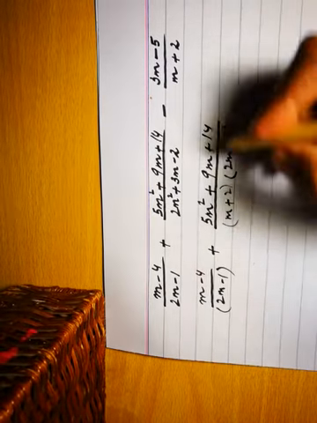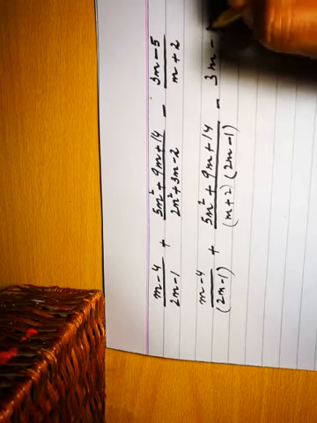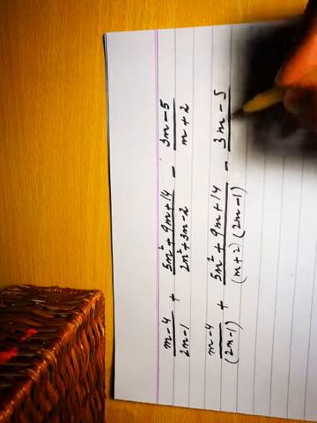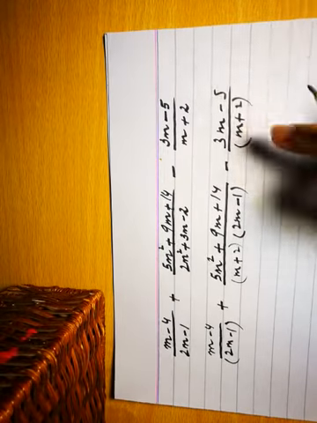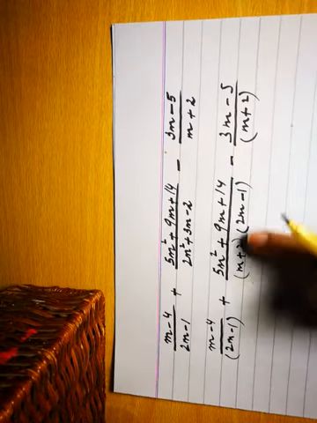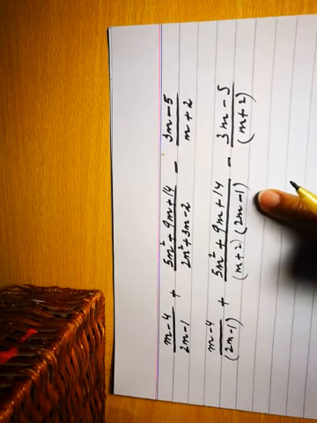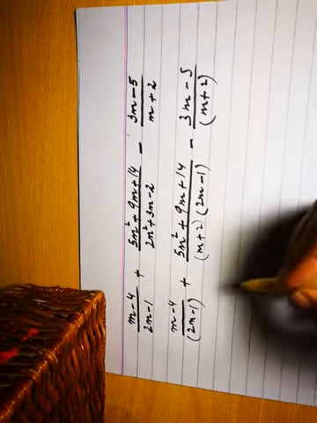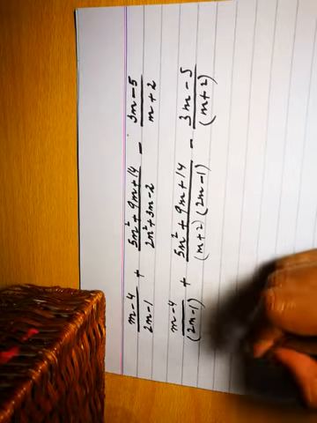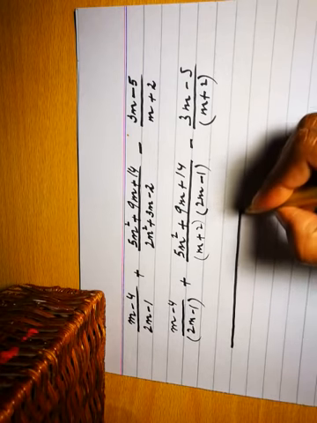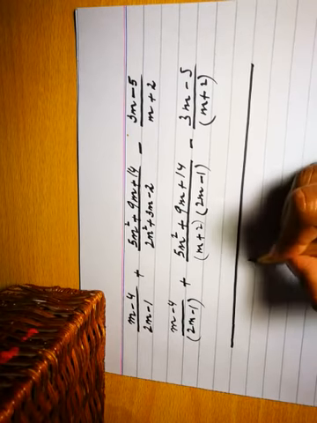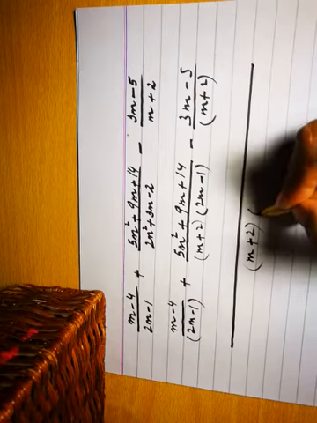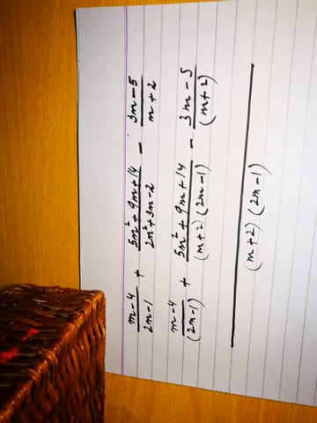See, these are the like terms I can see. This factor I can see here. I'm going to take the LCM and that would be m plus 2 and 2m minus 1.